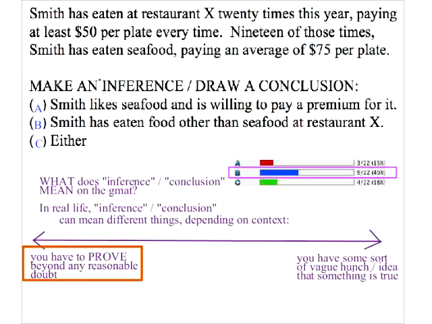So on the GMAT, what draw a conclusion means is this. Conclusion and inference on the test mean this.